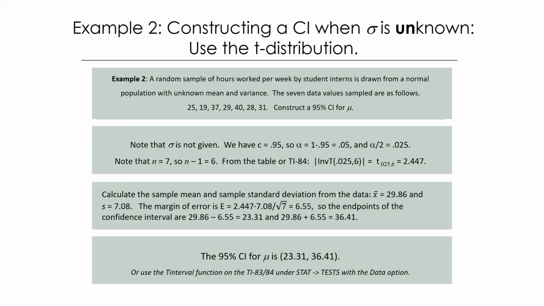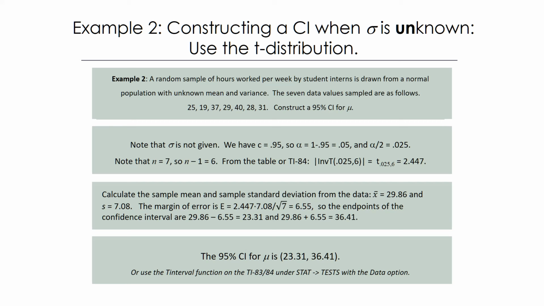From the table of t-scores, or from the TI-84 calculator, we can use the inverse t function, take the absolute value of inverse t of 0.025 comma 6, and get this t-score, t sub 0.025 comma 6, which comes to 2.447. Then you have to calculate the sample mean and sample standard deviation from the data.